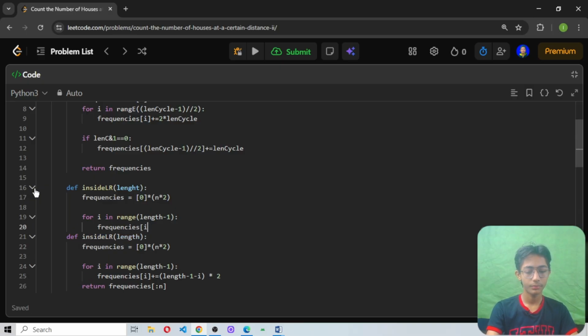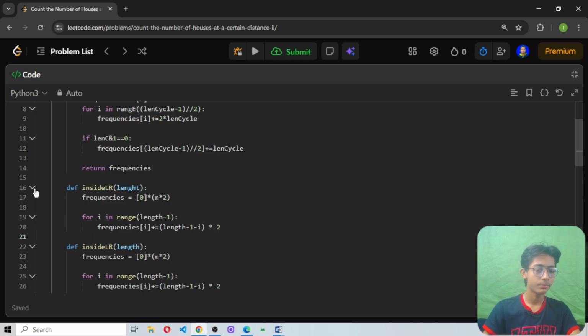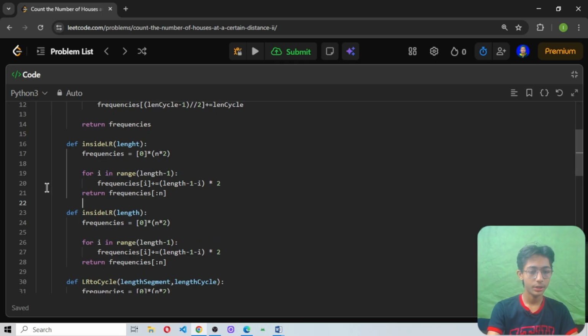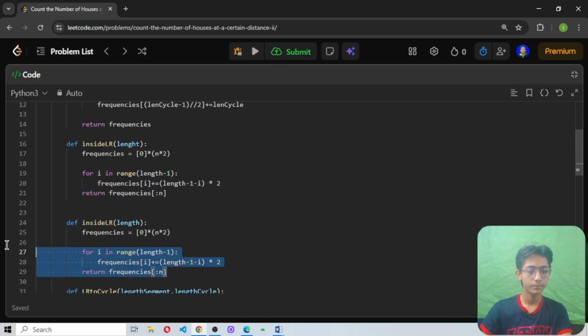Frequencies plus equals to length minus 1 minus i, multiplied by 2. Back. We define return frequencies, and then call, and then enter.